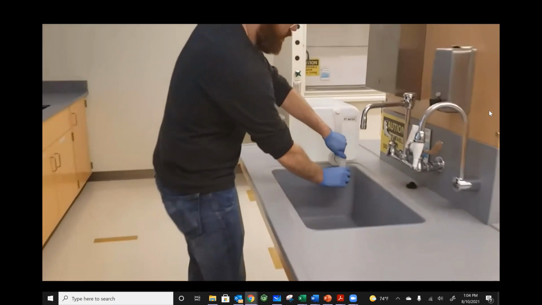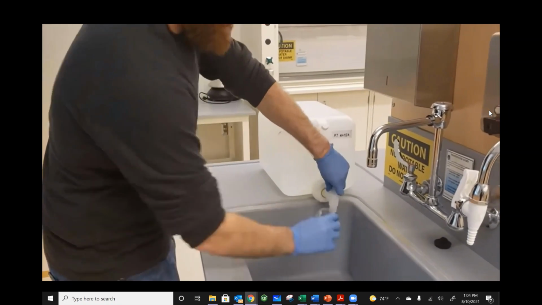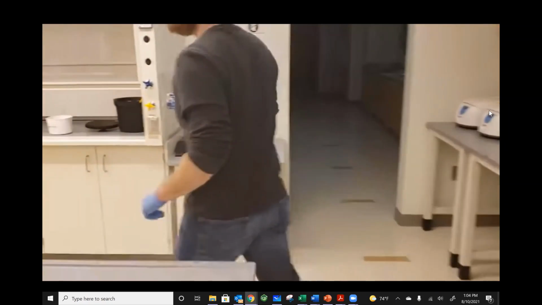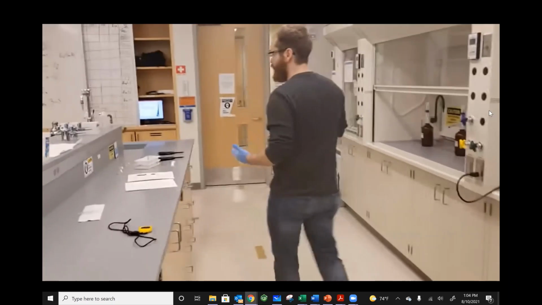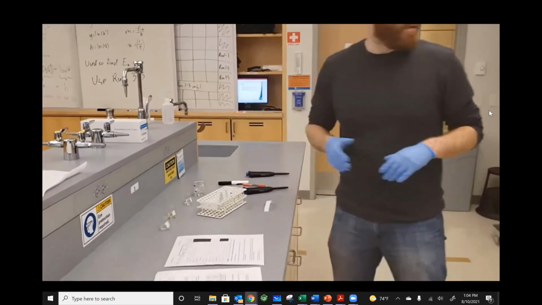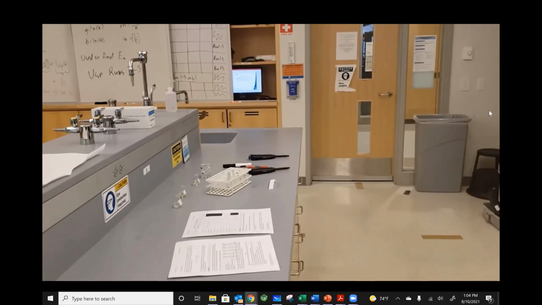It's important that all of our solutions have the same temperature so that we do not have any fluctuations in temperature. A good source of error for this, though, is that I am handling all of these solutions, and as I handle these solutions, I am applying body heat to the solutions, thus making the temperature inconsistent.